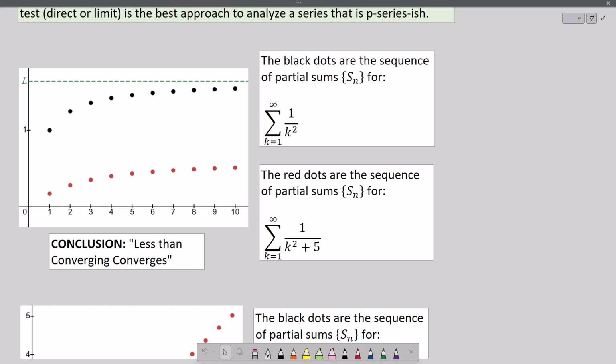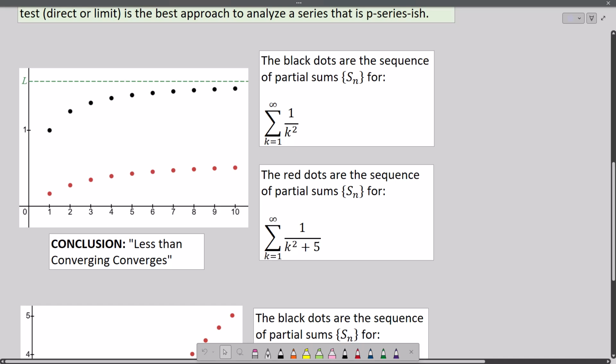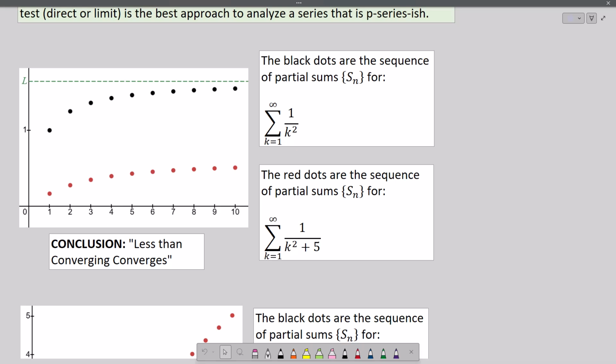Do you agree that this a sub k is smaller than this b sub k? If you add 5 to the denominator, you've shrunk the fraction. This fraction is smaller than that fraction because it has a bigger denominator, so it has a smaller value. This is a sub k. That's b sub k.